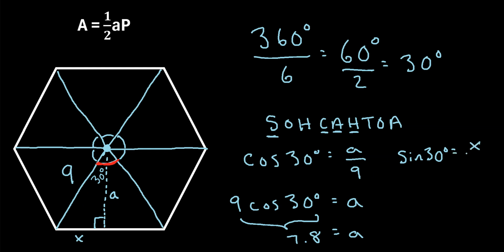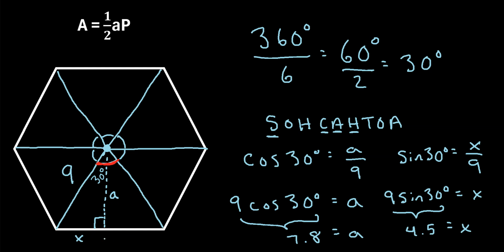So we'll say x divided by the hypotenuse, which again is 9. So now we can solve for x by multiplying both sides by 9. So we get 9 times the sine of 30 degrees is equal to x. And if you punch this into a calculator, you'll get about 4.5. So 4.5 is equal to x, this side length right here.